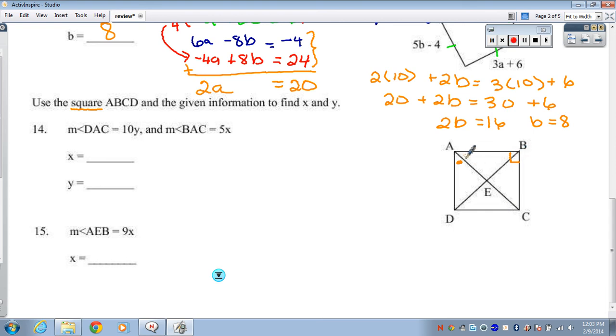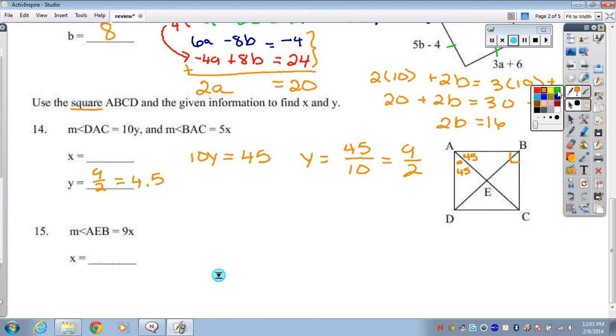So that means that each of these angles is 45 degrees. Therefore, 10y equals 45, y equals 45 over 10, which is 9/2, which equals 4.5.